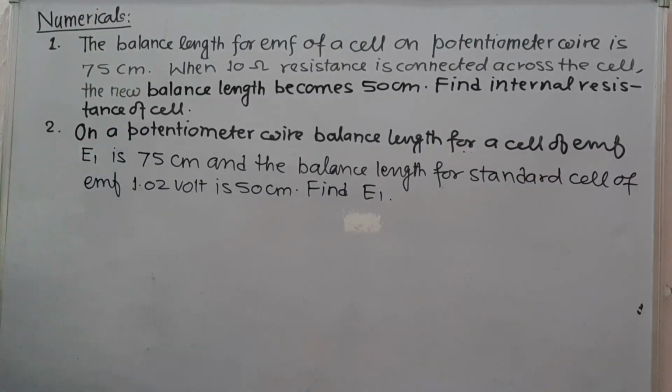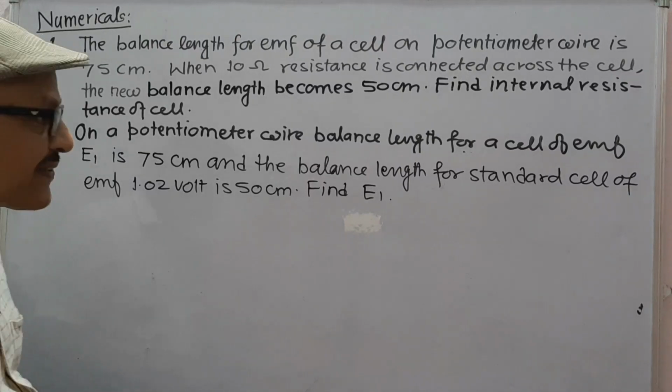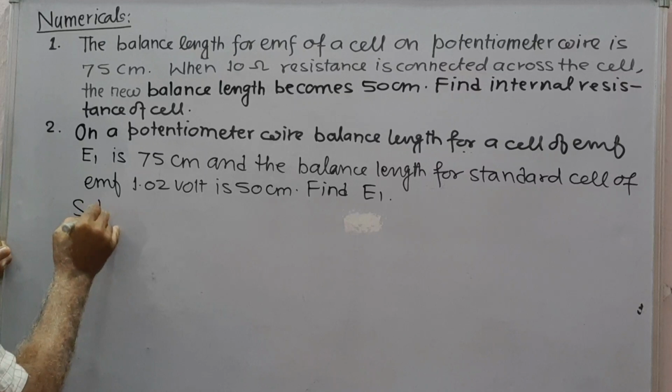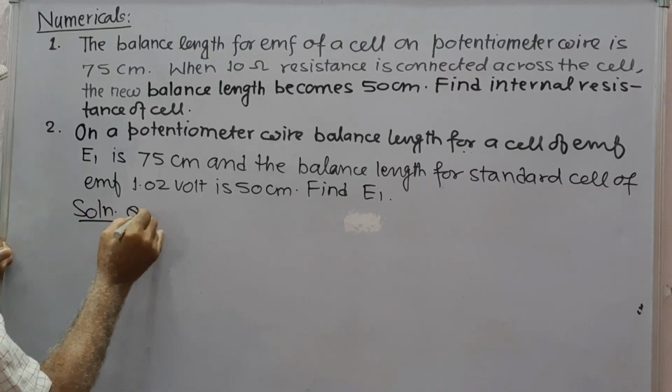The question number 2: on a potentiometer wire, balance length for a cell of EMF E1 is 75 cm and the balance length for standard cell of EMF 1.02 volt is 50 cm. Find E1. Solution to question 2.